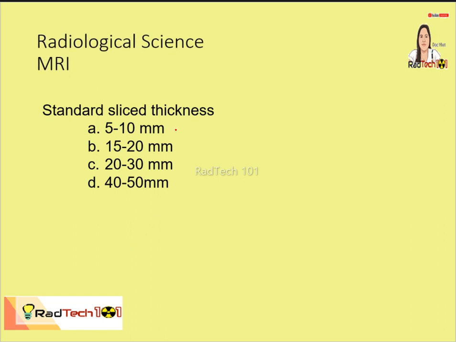Standard slice thickness in CT scan is about 5 to 20 millimeters. Usually, yung standard thickness natin is 5 to 20 millimeters.